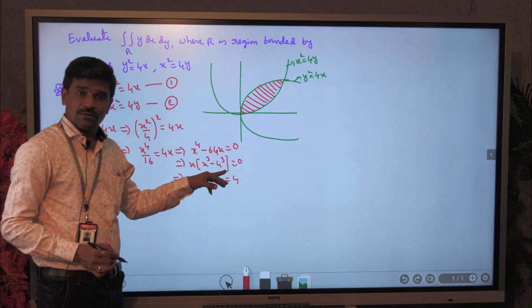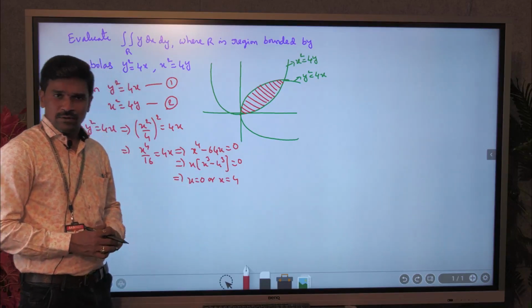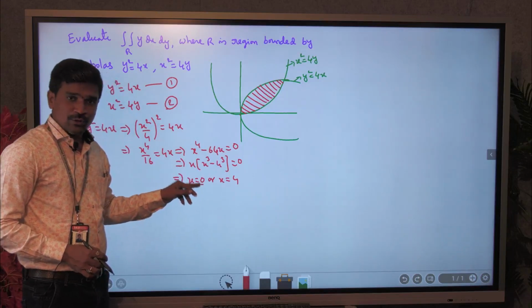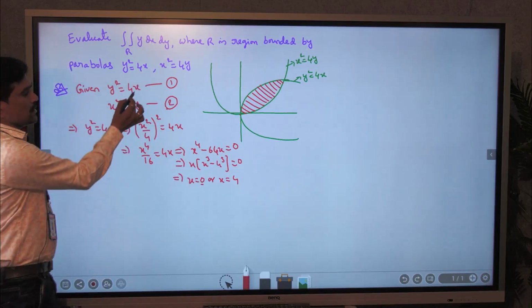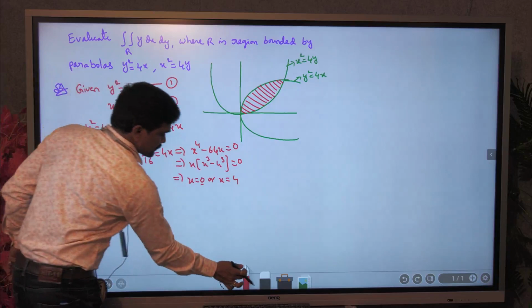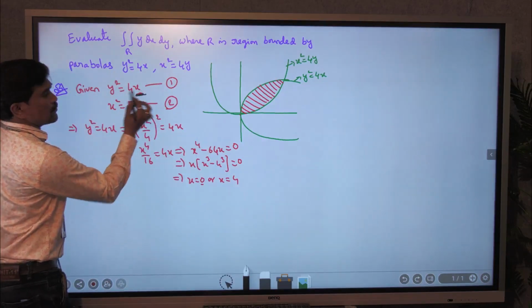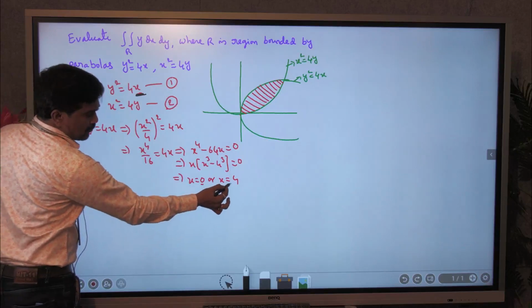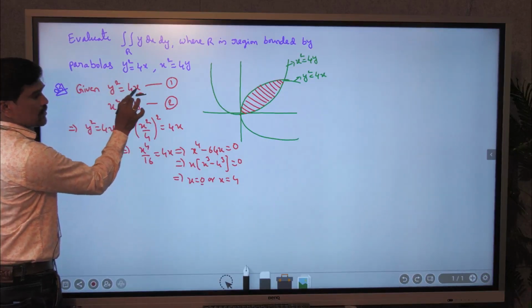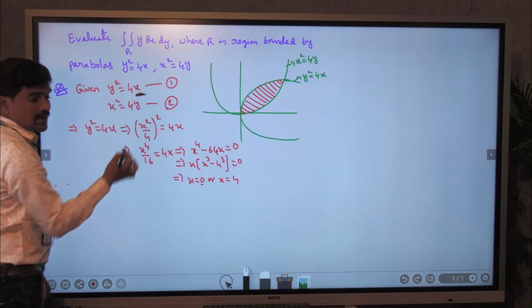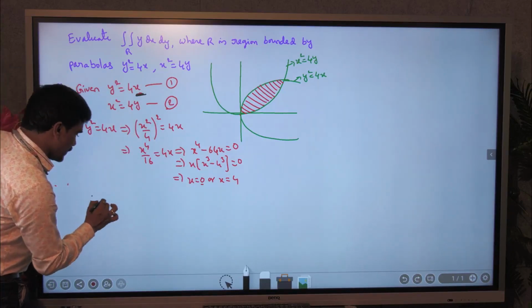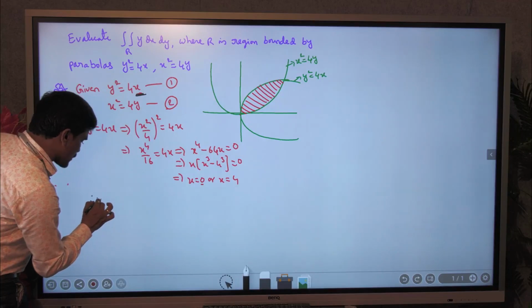That means x cube is equal to 4 cube. Then write x is equal to 4. Right? So if x is equal to 0, then y is equal to 0. And if x is equal to 4, then y square is equal to 16, so then y is equal to 4. That's how we get the points of intersection.